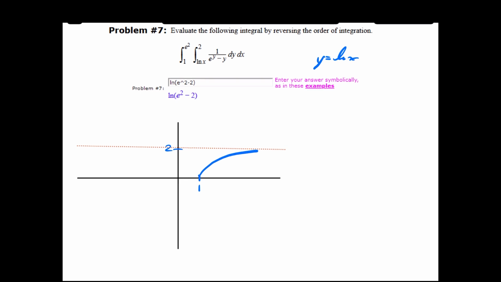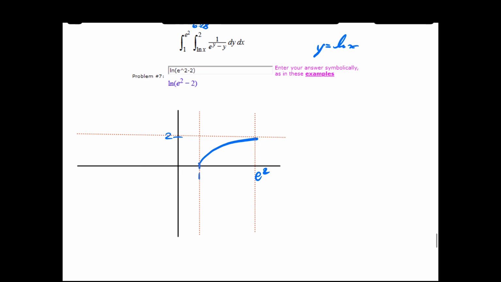And I started at 1, which I could put a vertical line through. And I'm going up until e squared. Let's just say e squared is approximately 6.3, 6.28. That's just fine, e squared like that. And this is y equals ln x.